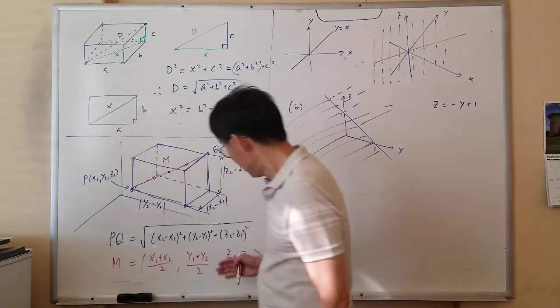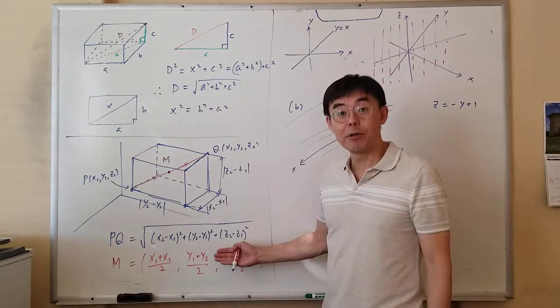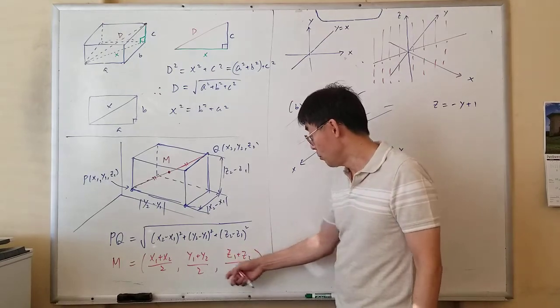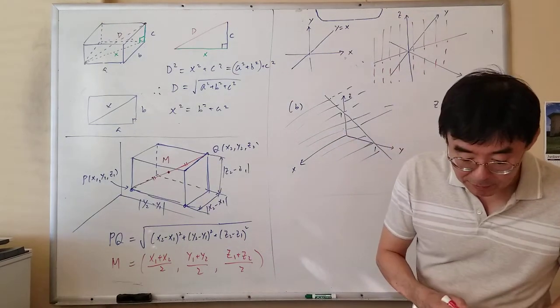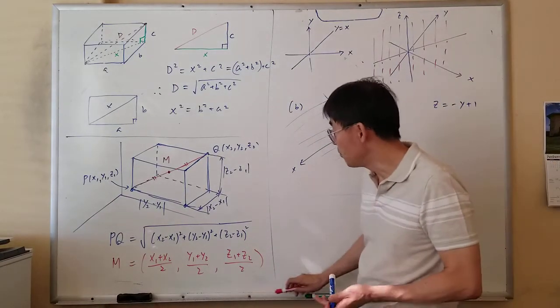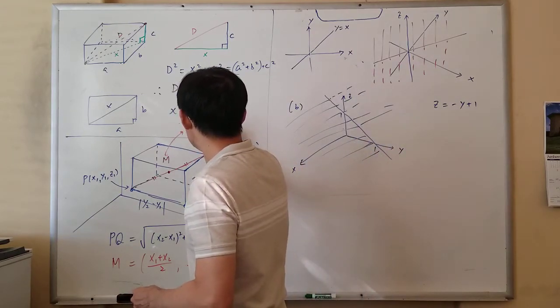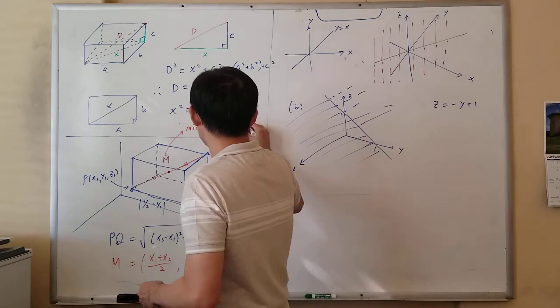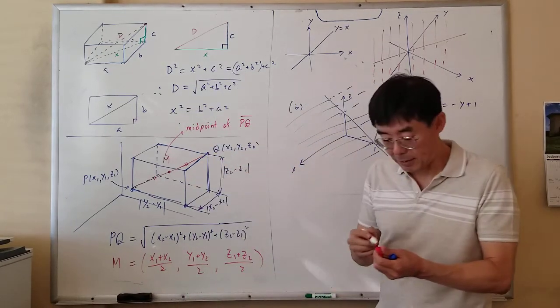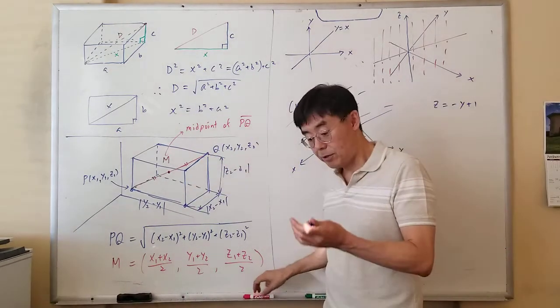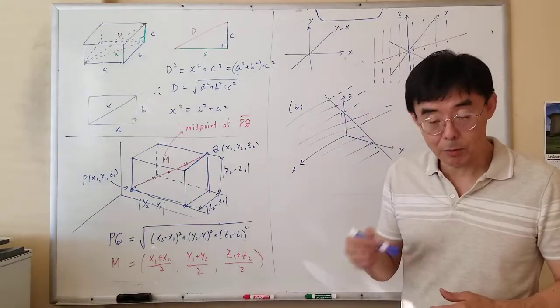Okay? Again, an extension of the midpoint formula of the two-dimensional case, just one more coordinate, right? So this is the midpoint of the line segment PQ. You just take the average values of the x coordinate, y coordinate, z coordinate.